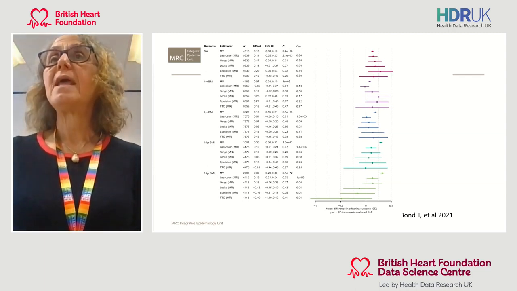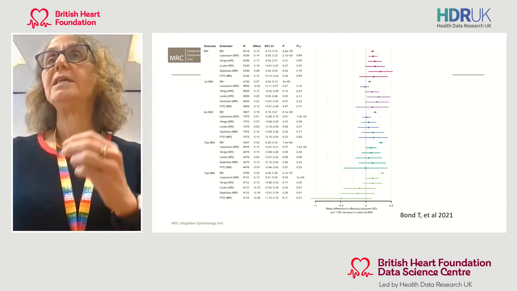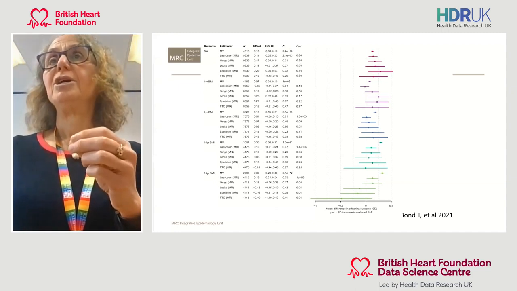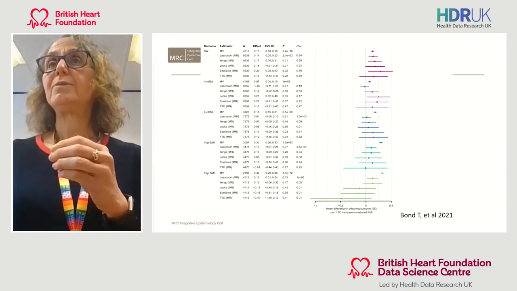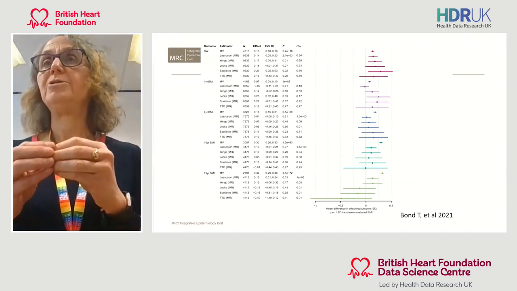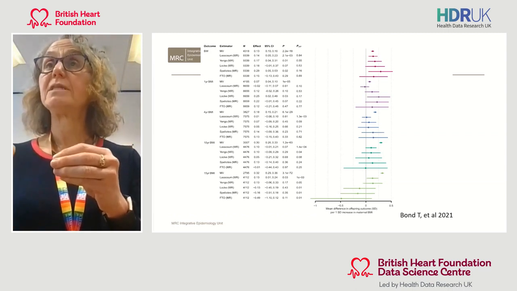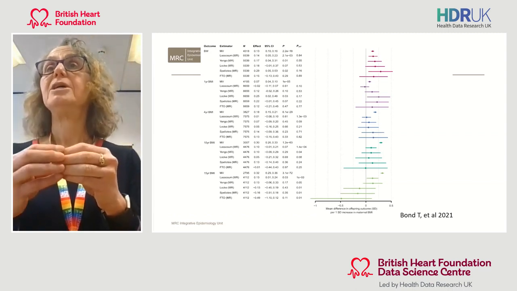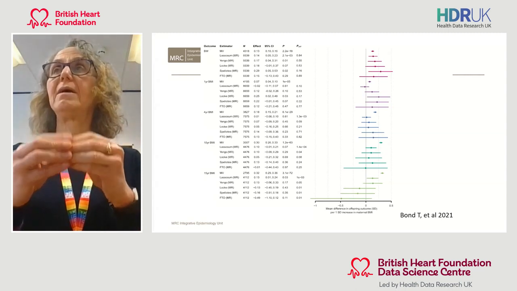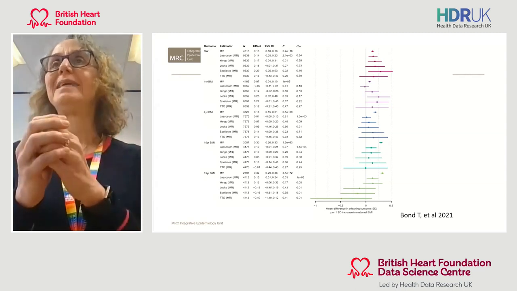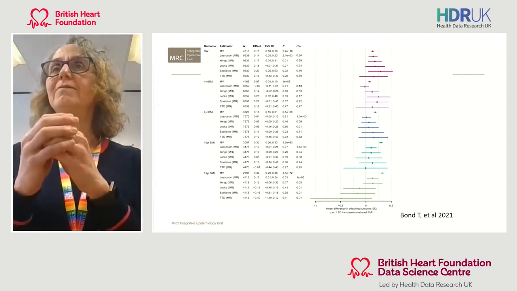And then the next set of results are this technique where we use genetic data to try and avoid the problems of confounding. So we use genetic data that relates strongly to the mother's body mass index to examine the role of mother's body mass index without so much confounding.